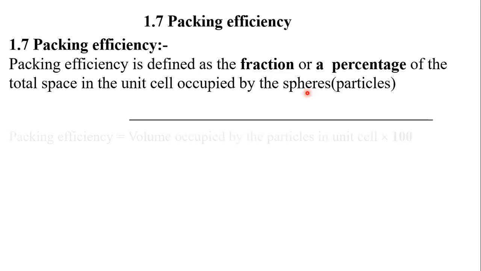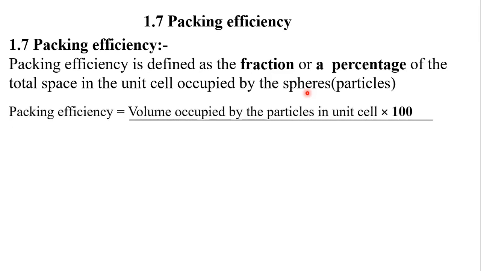So packing efficiency is equal to the volume occupied by the particles in the unit cell divided by the total volume of the unit cell. That gives you the packing efficiency in fraction.